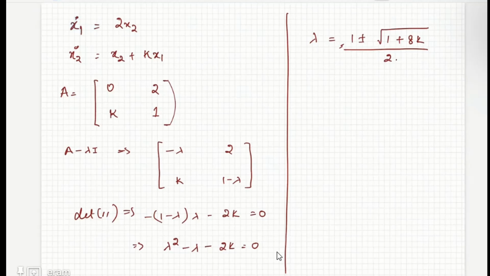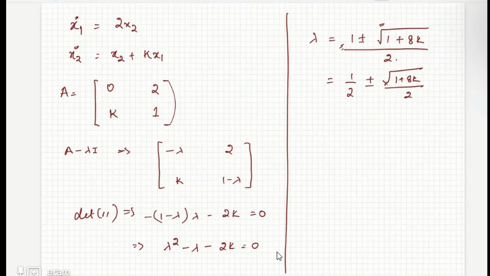Then only whatever is coming from the square root part can also make the eigenvalues strictly negative. But since this coefficient is already positive, whatever is coming from this part will have no role in making these eigenvalues negative.